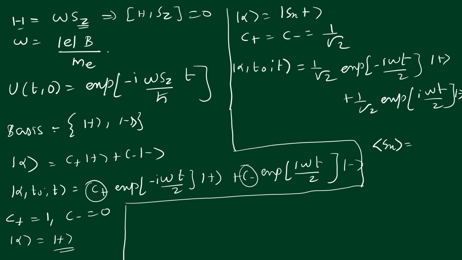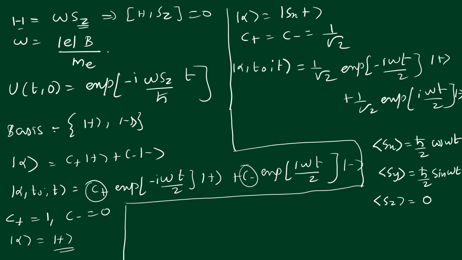It oscillates in time. It's equal to h bar by 2 cos omega t. We also find that the expectation value of Sy is equal to h bar by 2 sine omega t. We also got the expectation value of Sz equal to 0. This remains the same at all times.